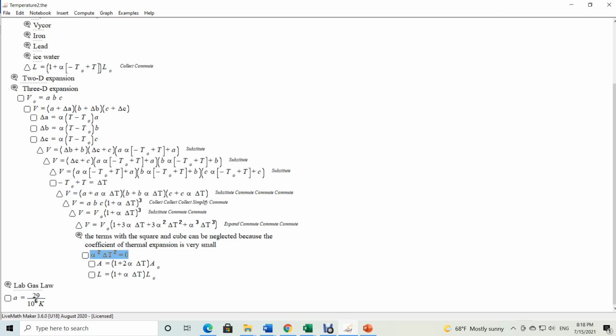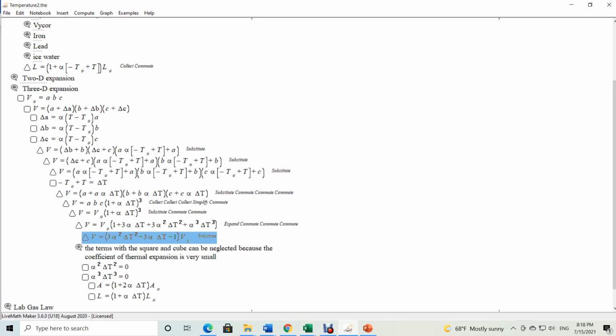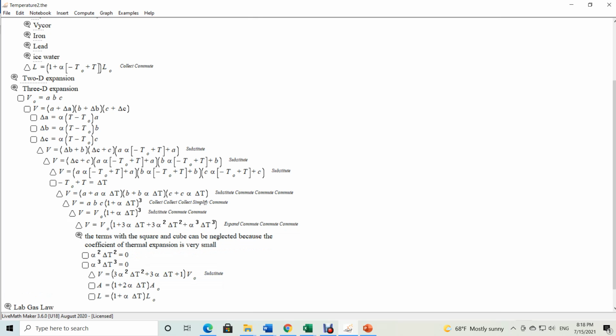So we're going to do that approximation that we did before, but now for the alpha square delta t square and alpha cube delta t cube. Okay? Alpha cube delta t cube is even smaller than alpha square delta t square.